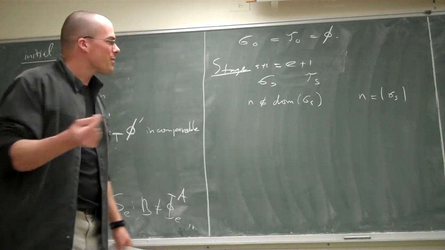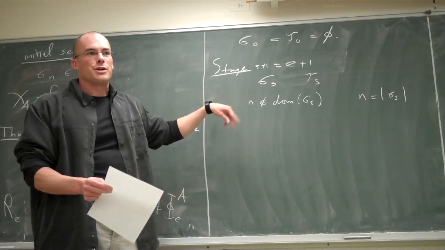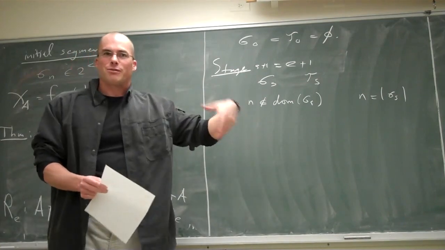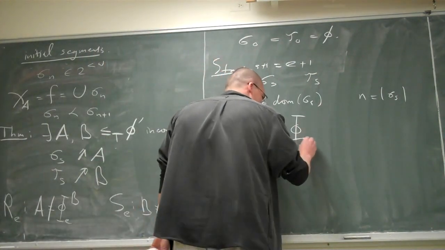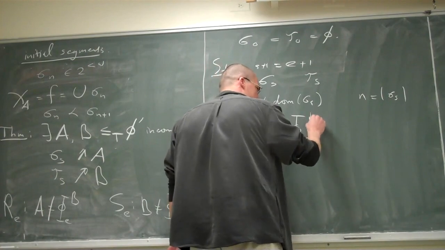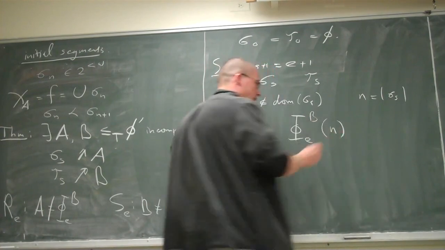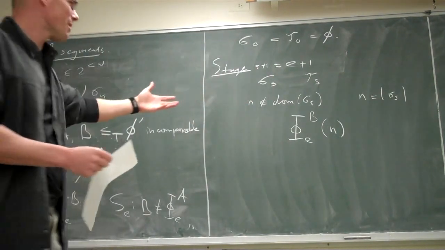Now what is it we want? We want to set this equal to 1 or 0, exactly opposite from the value that's computed from B. Right, so we look at phi_e^B of n. We clearly can't do this because we don't have B, but this is what we're thinking about.